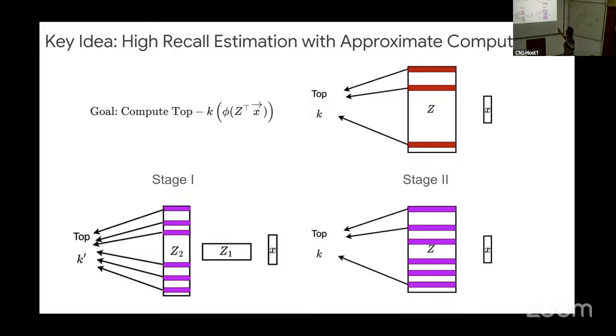No. So what I'm saying is, all I need to figure out is this z1 and z2. Once I figure out z1 and z2, this will be input dependent, because I need to multiply an x with z1. The decomposition is not x dependent. Yeah, so that will not be x dependent, but which of these will be the top inner products, that will be x dependent.